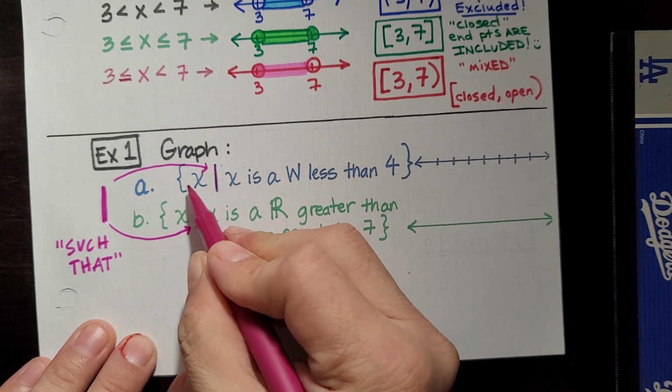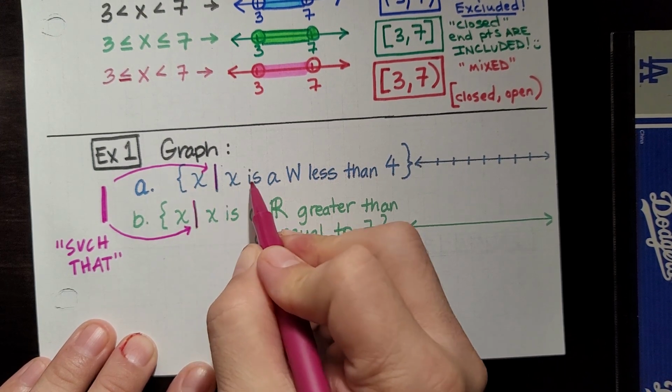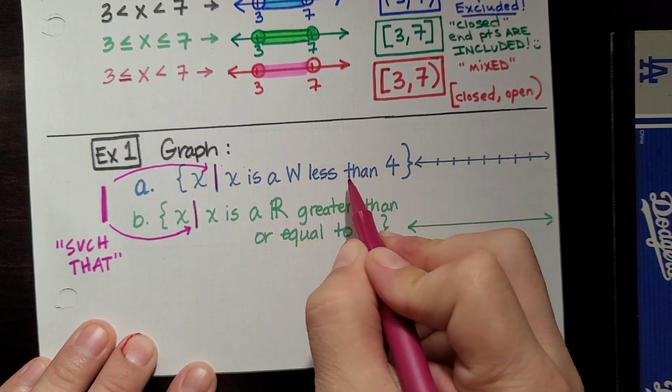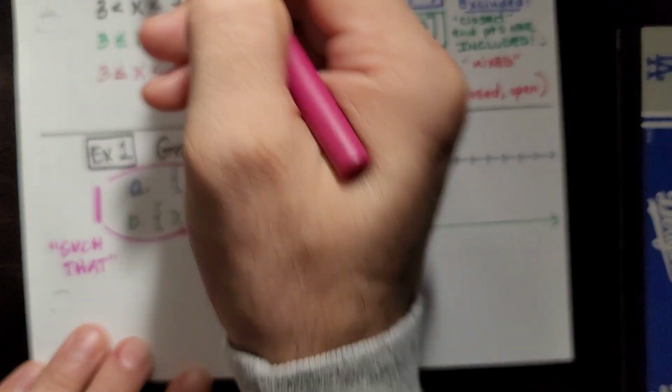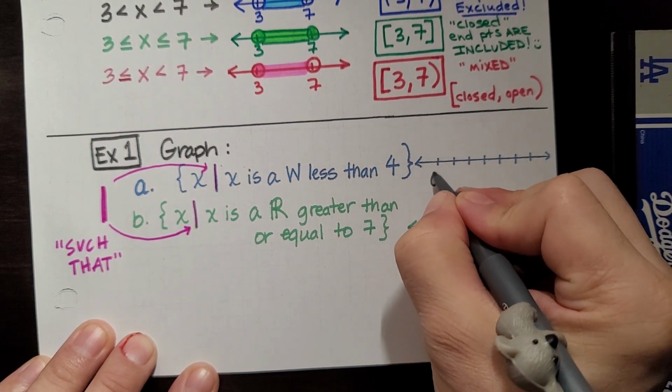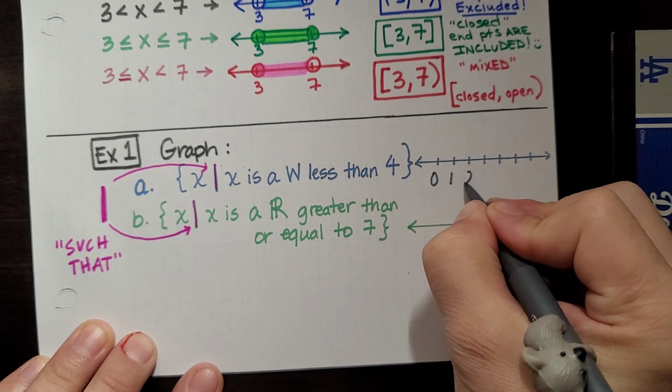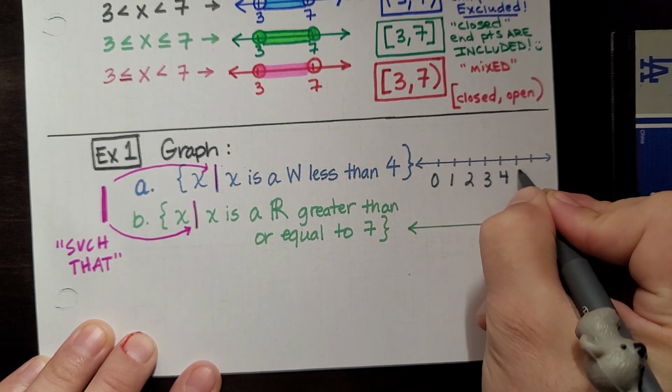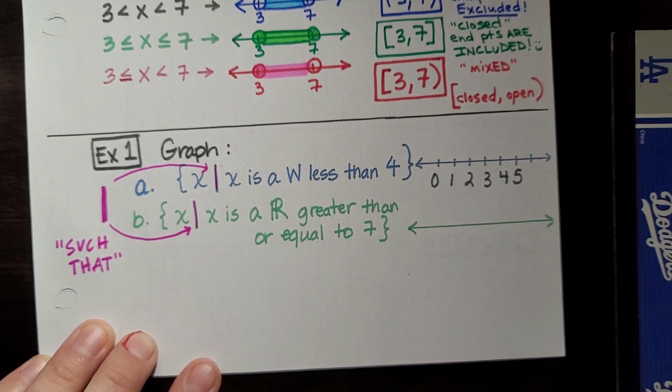I want the set of x's such that x is a whole number less than 4. All right, looking up here, what are my smallest whole numbers? Well, my smallest whole number starts at 0. So I'm going to go ahead and start this at 0 and then count 1, 2, 3, 4, 5. Didn't have to go out that far, but I did.